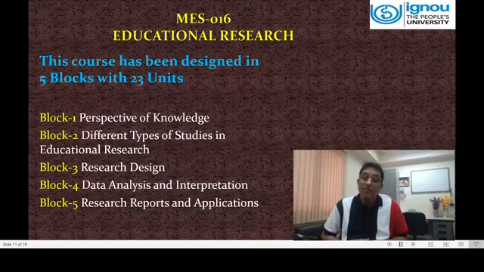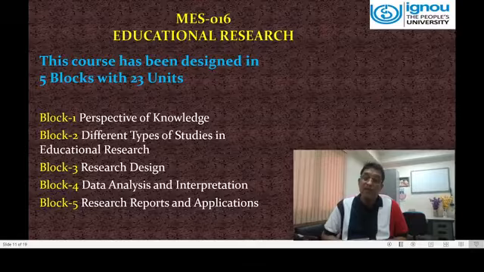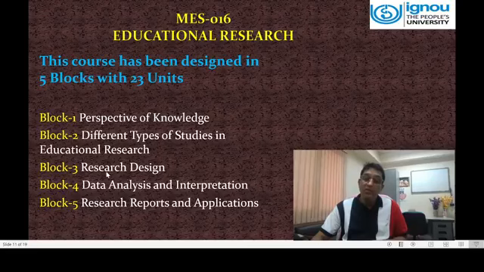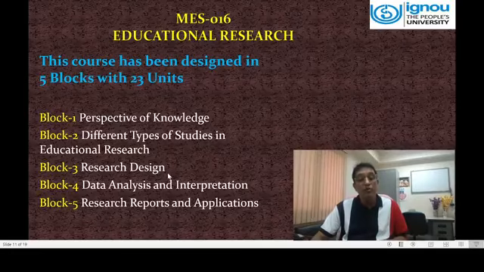So far as the research type, research method, and research methodology are concerned, you have to adopt, you have to follow, you have to practice a design. So here in block 3, you will understand the detailed process for conducting the study and the specific research design that you are supposed to use for conducting your study.